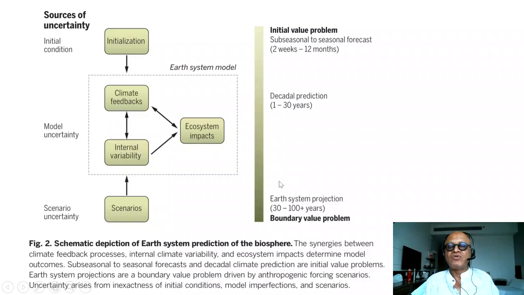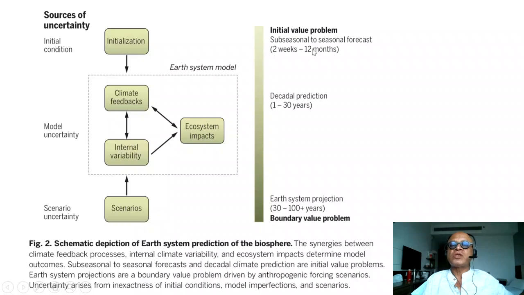There are boundary value problems when you look at long-term integrations, because the ocean and the solar forcing, the glaciers, vegetation, forest dynamics, etc. act as boundaries between the different components of the Earth system.